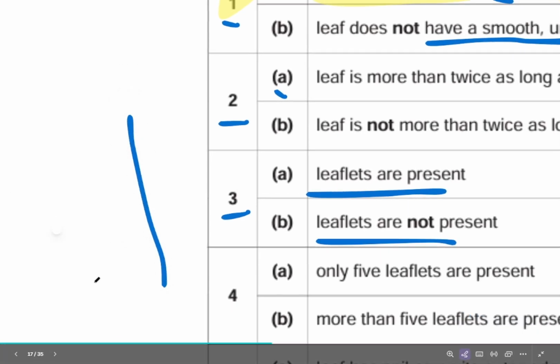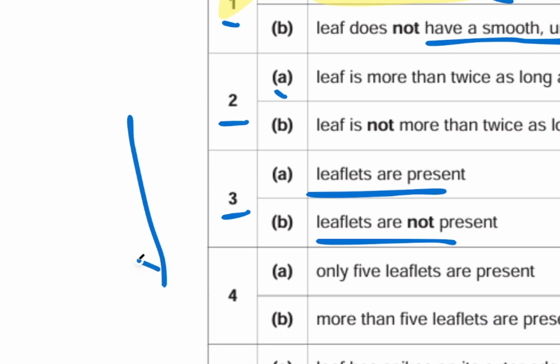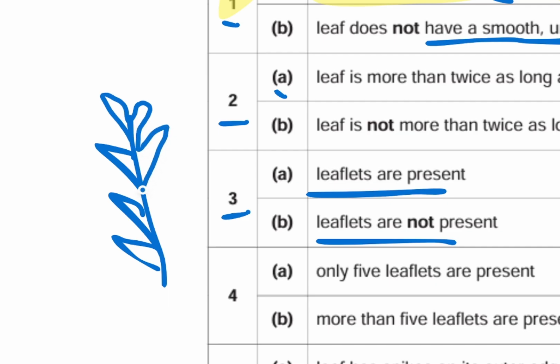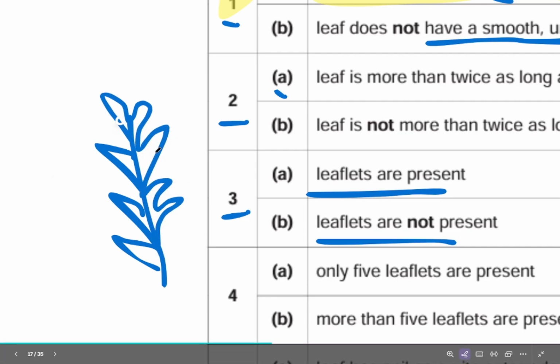Let's suppose this is the midrib of the leaf, the center line that is passing through a leaf. And from that, if multiple leaves are coming out, small, tiny, just like a fern. I'm sorry, my drawing is a bit bad, but I hope you get the idea.